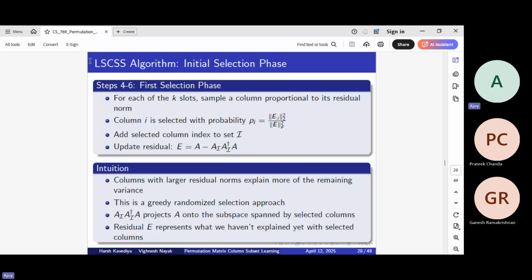The residual error is composed in the following way. Here, this is the Moore-Penrose inverse of a matrix, which handles the fact that the matrix is not square. So we are just sampling the column with a probability distribution proportional to the residual norm of the column.